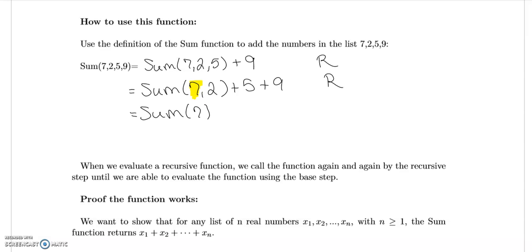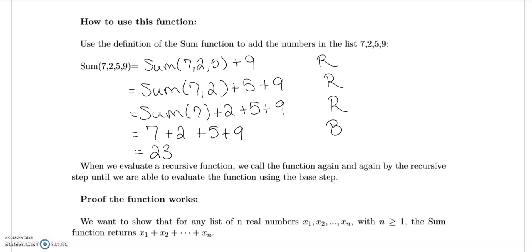So sum of 7, and then the plus 2 comes out, and the plus 5 and plus 9 come along. At this point, we get down to the sum of 7. Now this goes to the base case, where it's just one number. Since it's a list of just one number, the sum of 7 is defined to be 7, and then the plus 2, plus 5, and plus 9 come down. That was a base case step. And if we actually add these all together, we get 23.